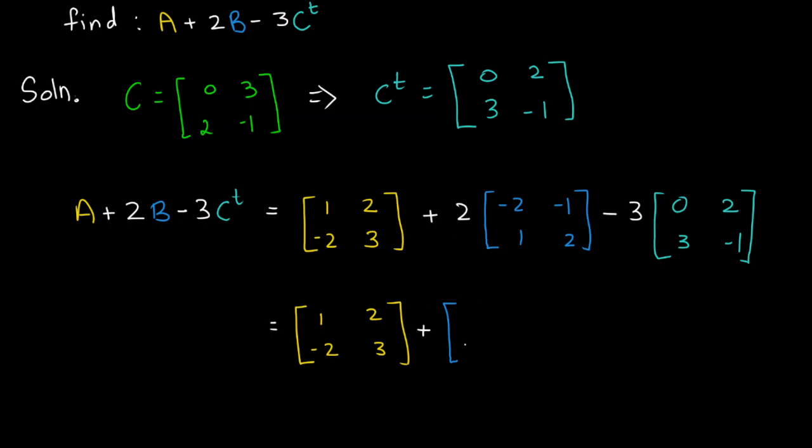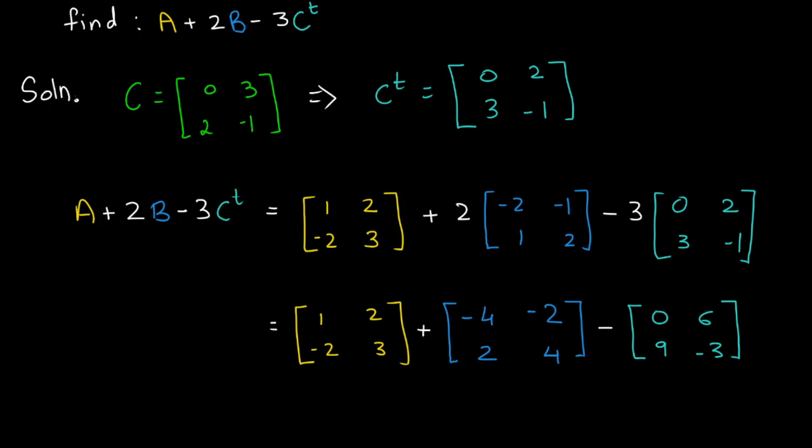So matrix 2B would effectively be 2 into -2, which is -4, 2 into -1, which is -2, 2 into 1, which is 2, and 2 into 2, which is 4. Same way for 3 times C transpose: 3 times 0 is 0, 3 times 2 is 6, 3 times 3 is 9, and 3 times -1 is -3.